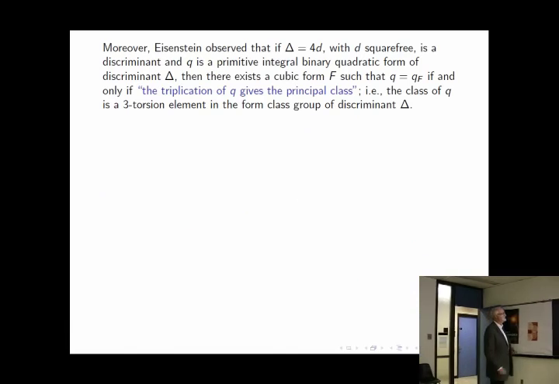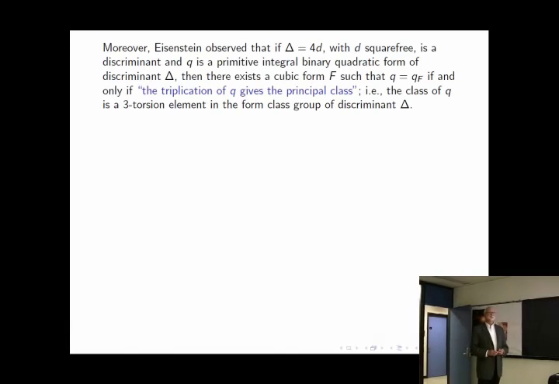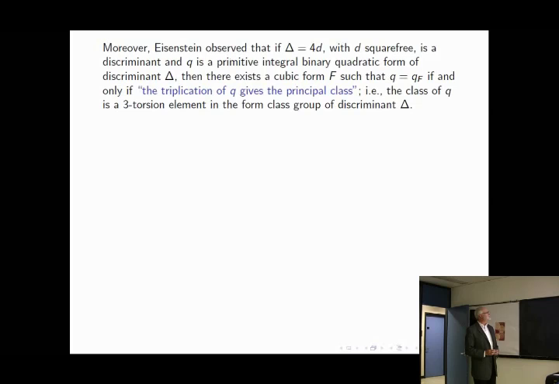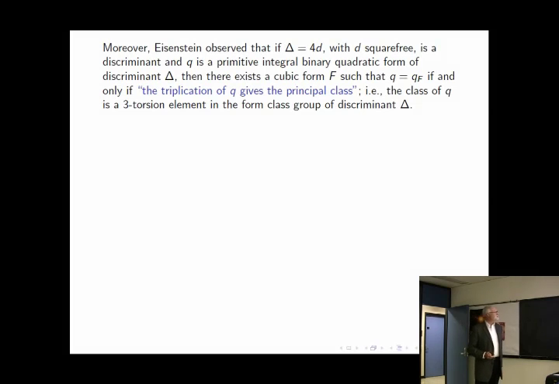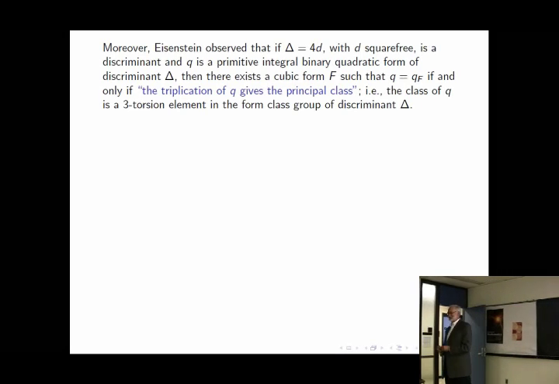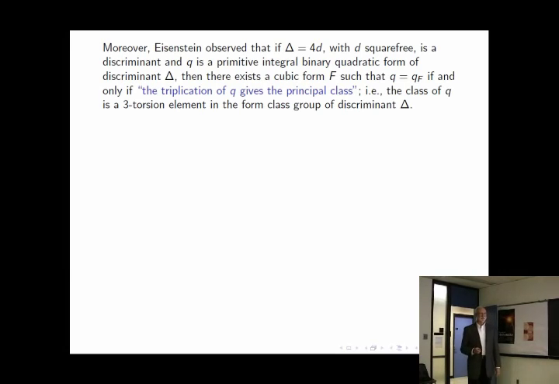And in fact, it turns out, under some conditions that I've mentioned there, a quadratic form, little q, arises in this way from a cubic form if and only if, well, in his language, the triplication of Q gives the principal class, which was just a little flowery way to say, well, it's a 3 torsion element in the class group.